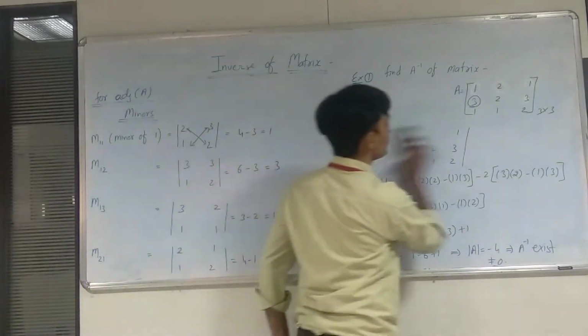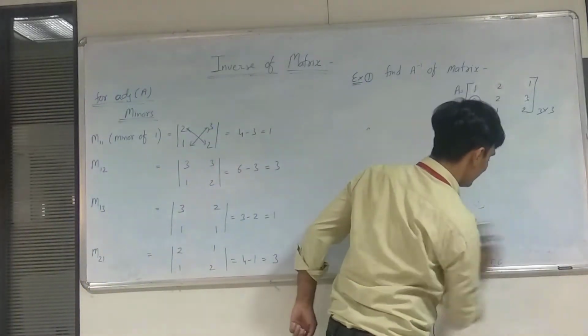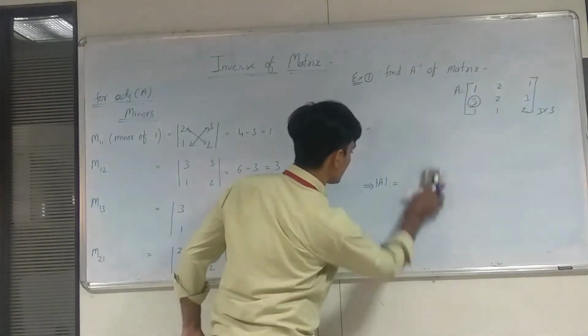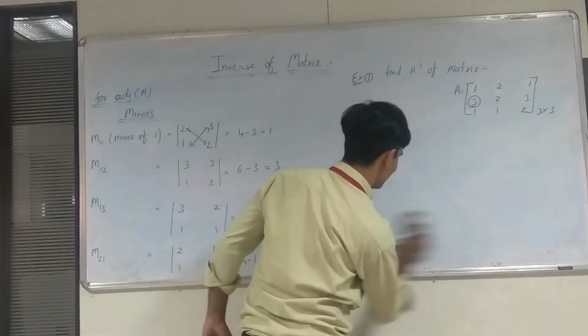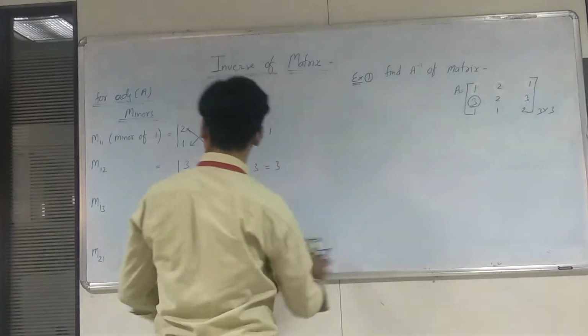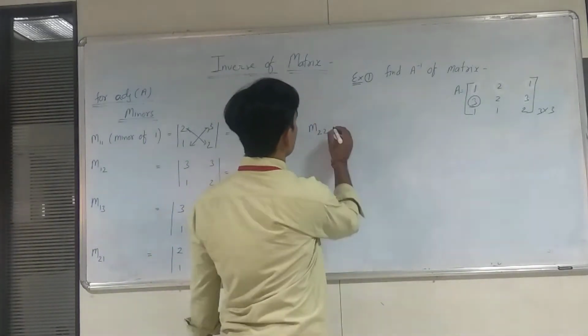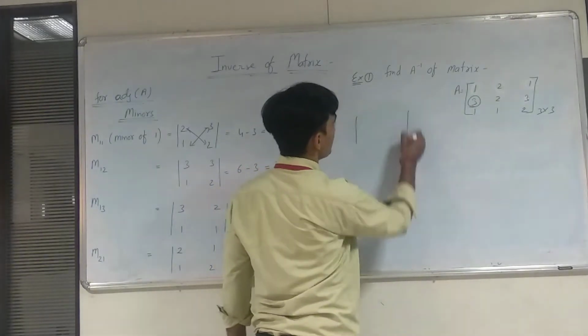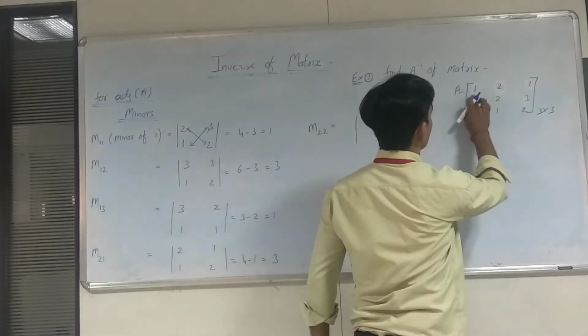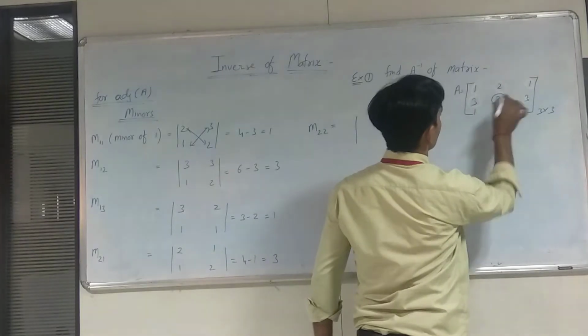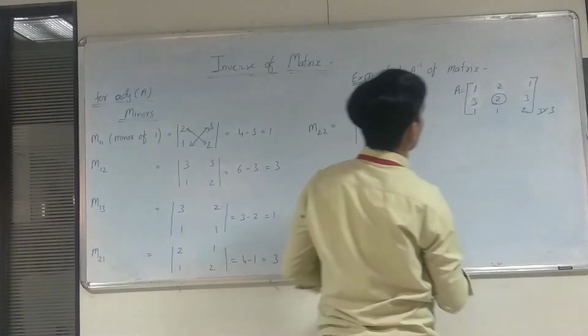Same way M22, second row second column, 1 1 1 2.